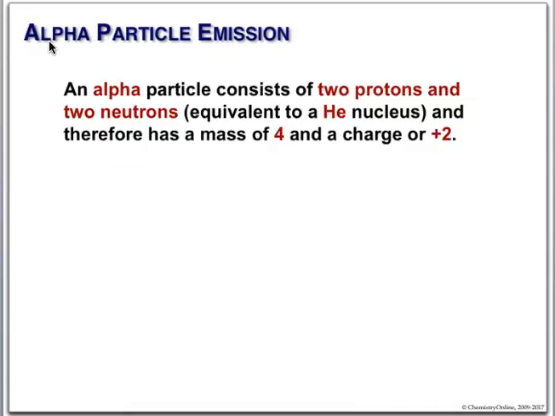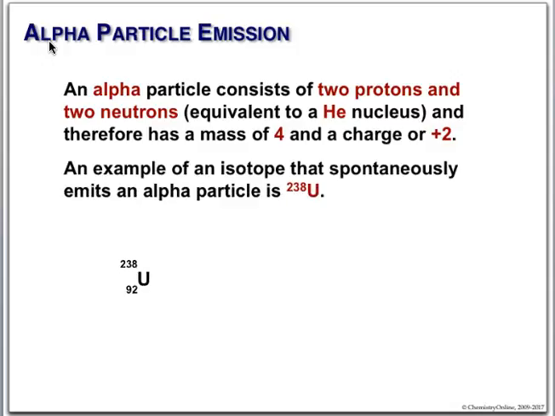Now, alpha particles, like we said, consist of 2 protons and 2 neutrons. Again, this is the same thing as a helium nucleus with no electrons. So a +2 charge. It has a mass of 4 and a charge of +2. A particle that is very commonly associated with radioactivity like this is uranium-238.